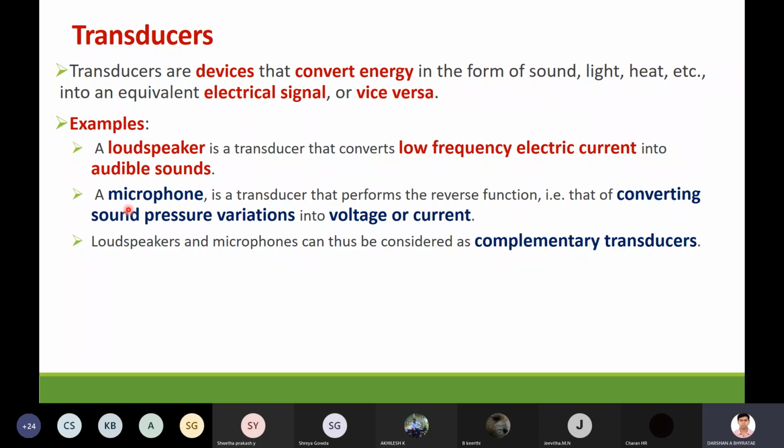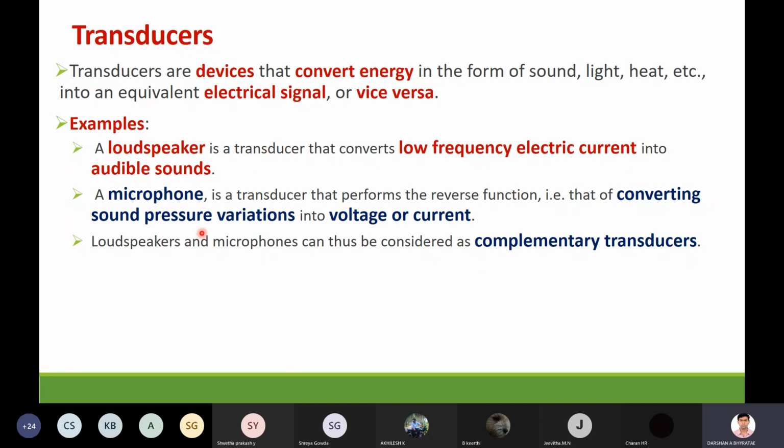But in the microphone, the sound energy is converted into a voltage or current. That is what we call a transducer: it converts one energy into another form.